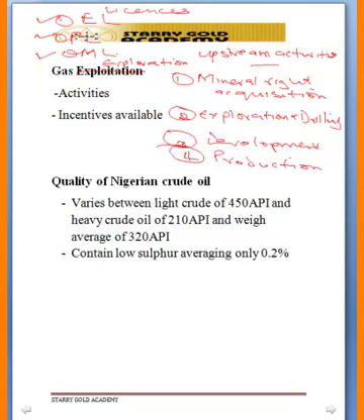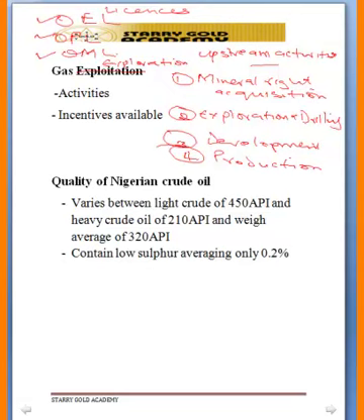The incentives available to companies in the gas industry depend on the activities involved. We have gas exploitation, we have gas utilization, and then we have the gas development project. That will determine the incentive that is granted at each of these levels.